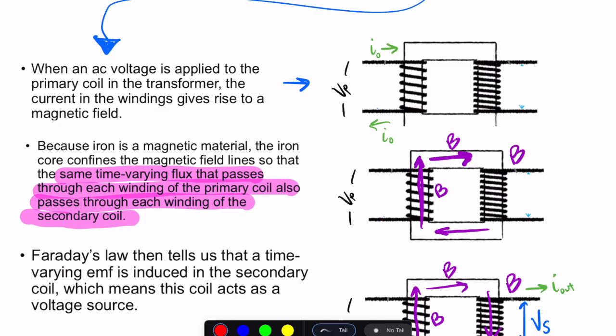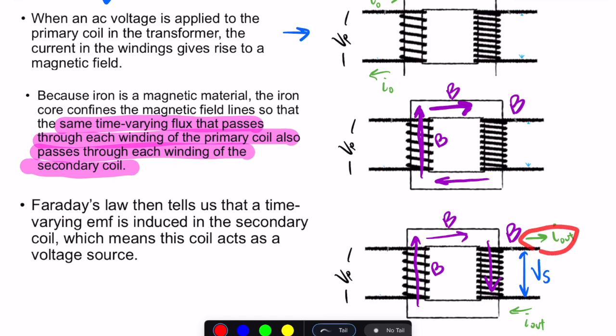So the current produced on this coil is an induced current. It's going to have a smaller or a larger voltage amplitude, and whether it's smaller or bigger depends on the number of turns in each coil.